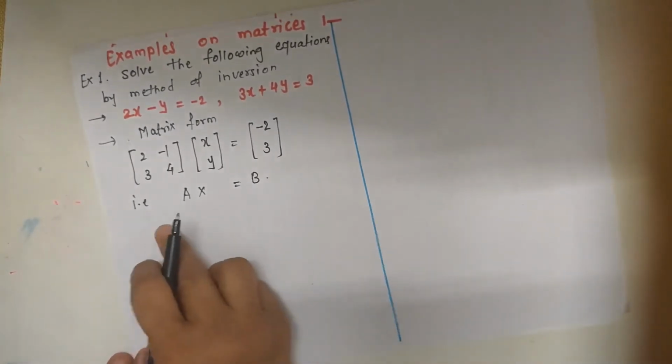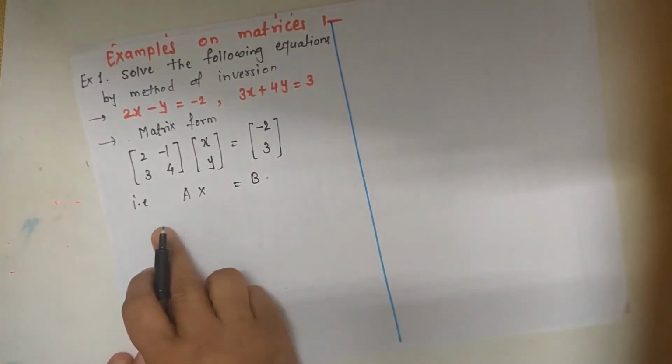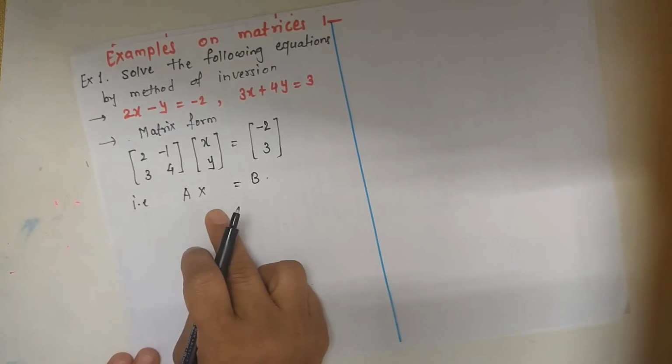Now the next step is pre-multiplying this equation by A inverse.